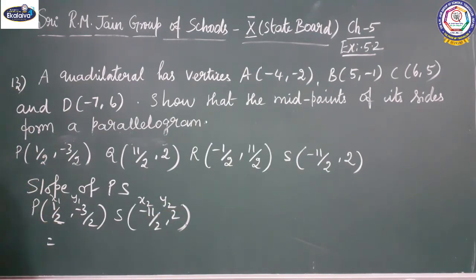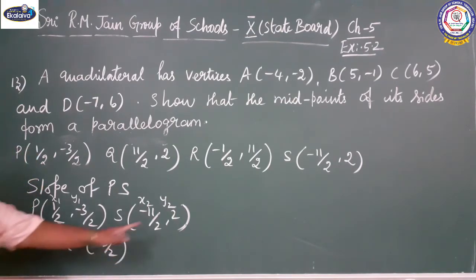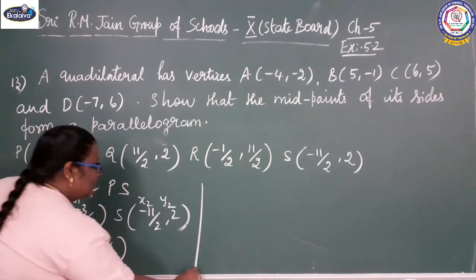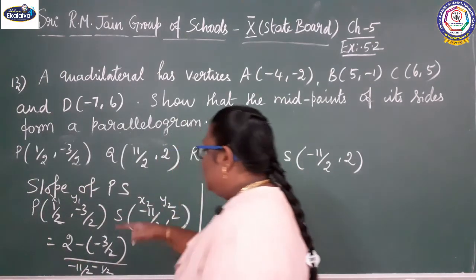Slope equal to y2 minus y1, 2 minus of minus 3 by 2. Whenever minus comes you can put a bracket, y1 by x2 minus x1. x2 is what? Minus 11 by 2 minus 1 by 2. x2 minus x1.